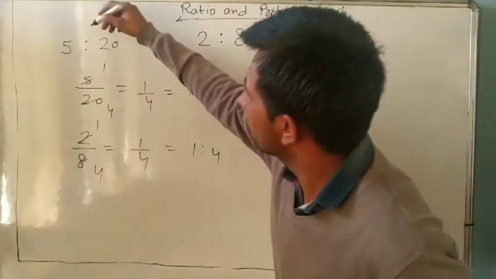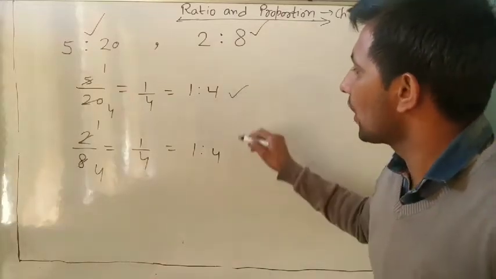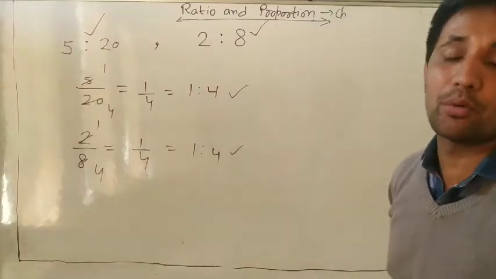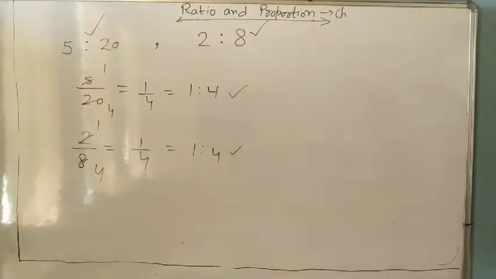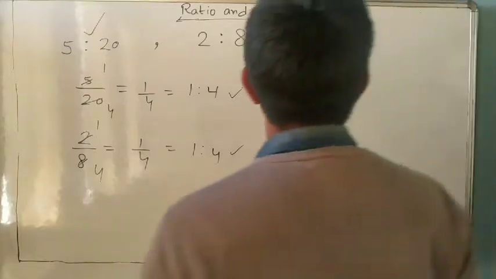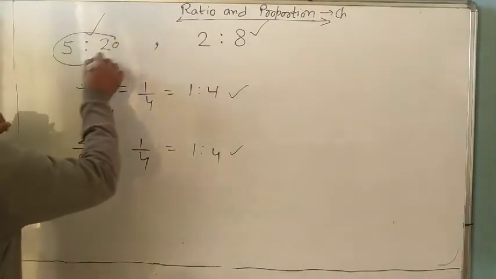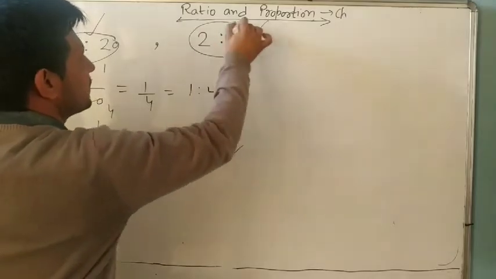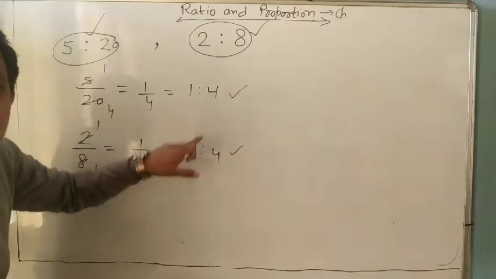We observe that 5:20 and 2:8 are both 1:4. Always remember, if two ratios are equal, the first ratio is this one and the second ratio is this one, and both of the ratios are the same.